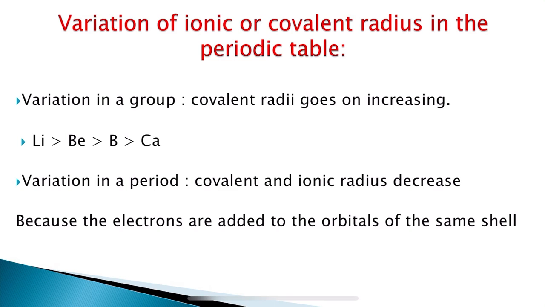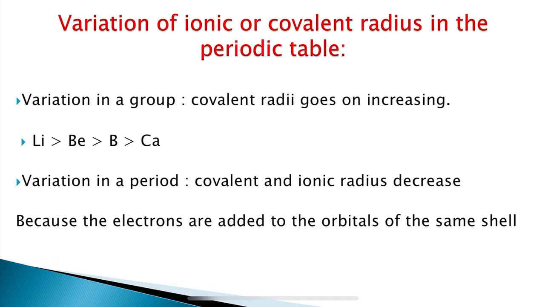So, covalent radii go on increasing. For example, in the second period, the size of lithium is greater than beryllium, greater than boron, greater than carbon and so on.